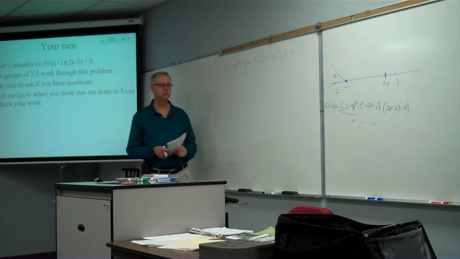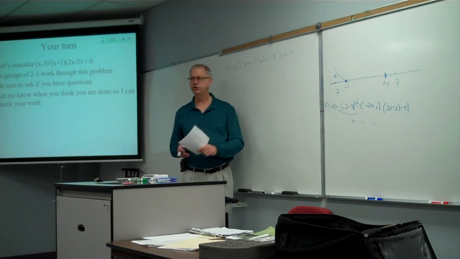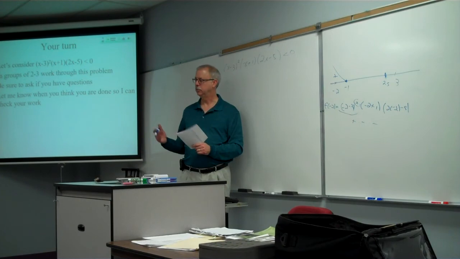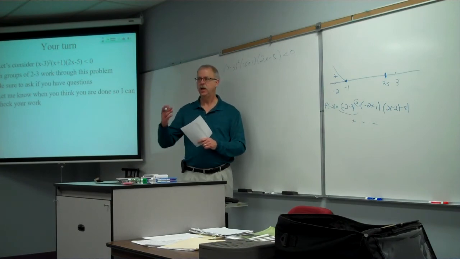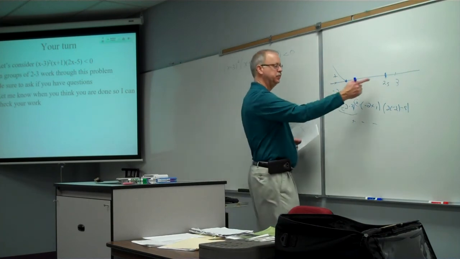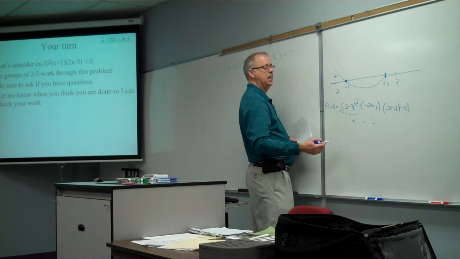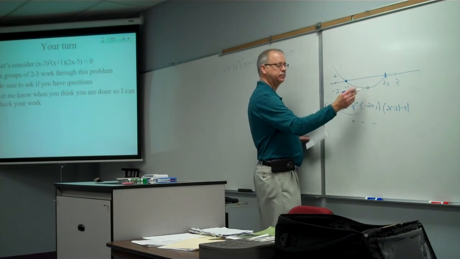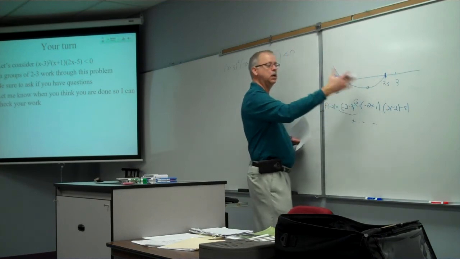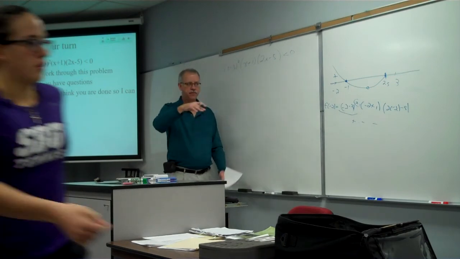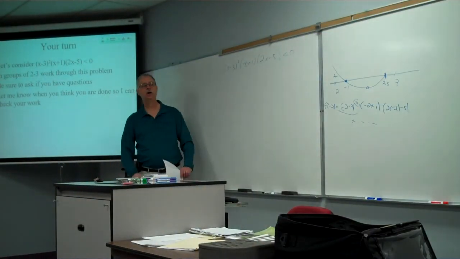What about between -1 and 2.5? Is it above or below? It is below. If we check a point, we find out it is below. Somewhere in here, if it is below and comes back to 0, we're going to have to have a valley. We don't know exactly where.